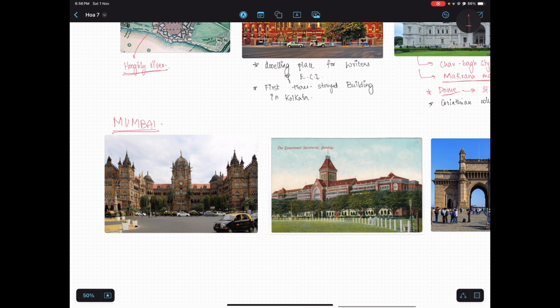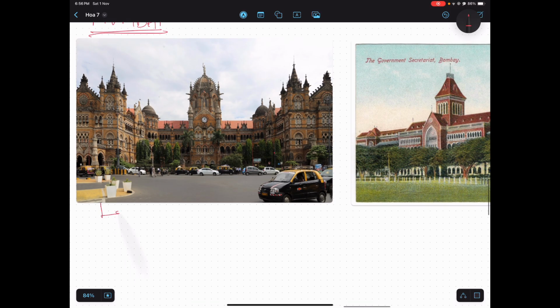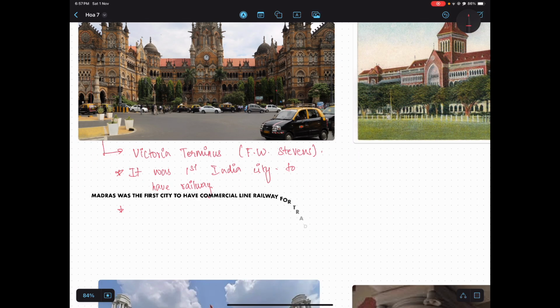So the first building that I'm going to talk about is Chhatrapati Shivaji Terminus, or it was called Victoria Terminus at that time, and this was designed by F.W. Stevens. This had a lot of Gothic revival style in it.